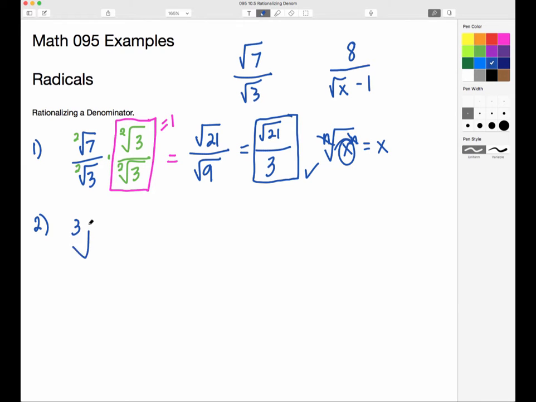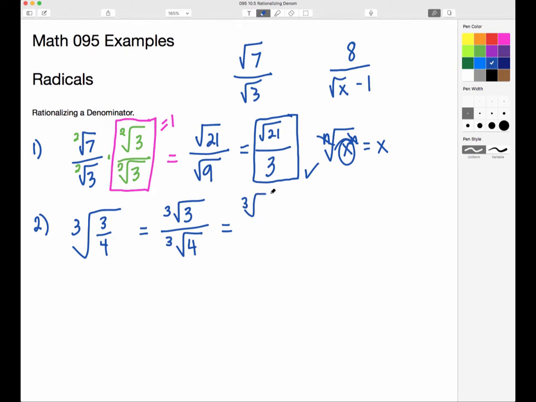But this time let's use a cube root power. The cube root of 3 over 4. I'm going to start off by splitting up this radical. So I have the cube root of 3 divided by the cube root of 4. And I really want to emphasize that I need to have an exponent of 3.